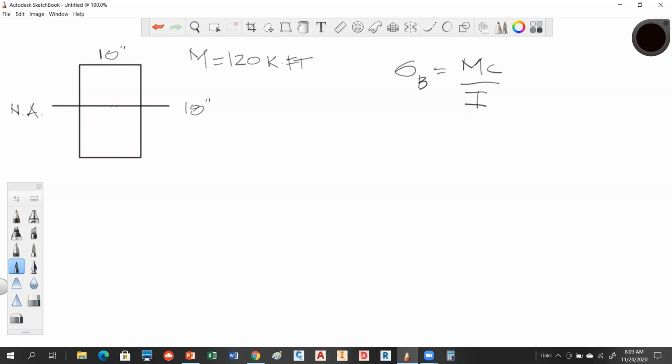What is C in this equation? Nobody can tell me what C references?